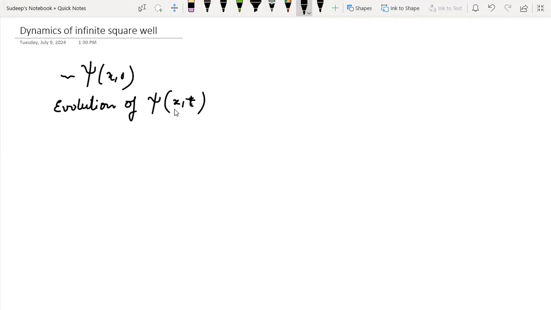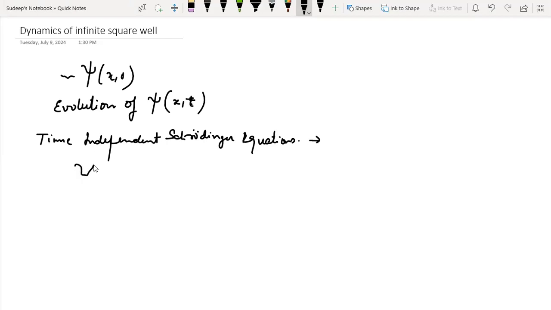And this we already know: whenever we solve the time independent Schrodinger equation, we get the stationary state solutions, and those stationary state solutions evolve with respect to time via this particular formulation.